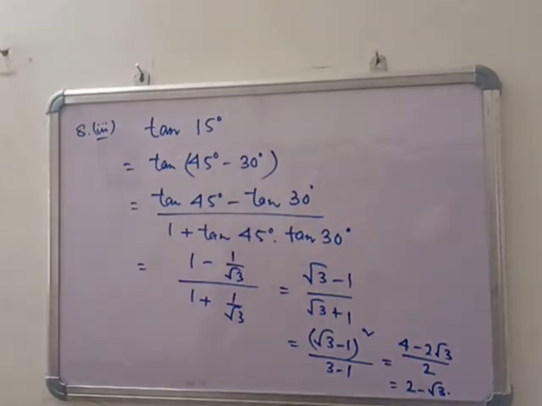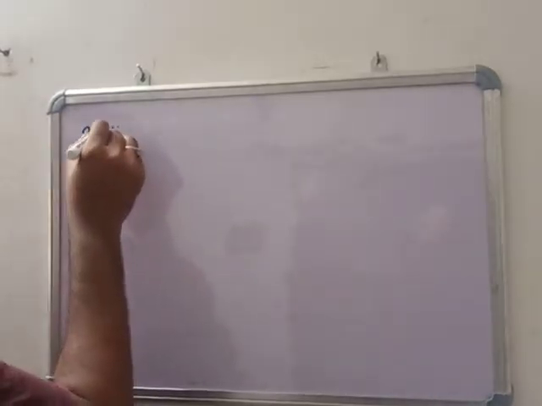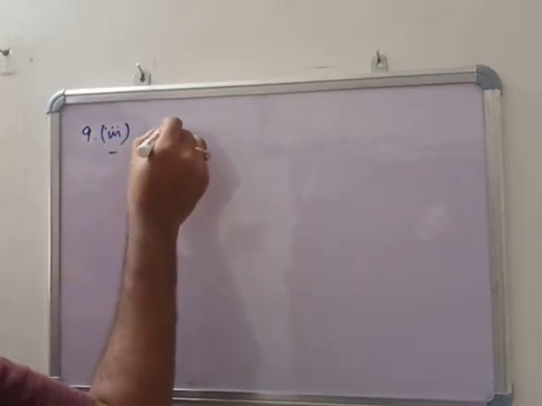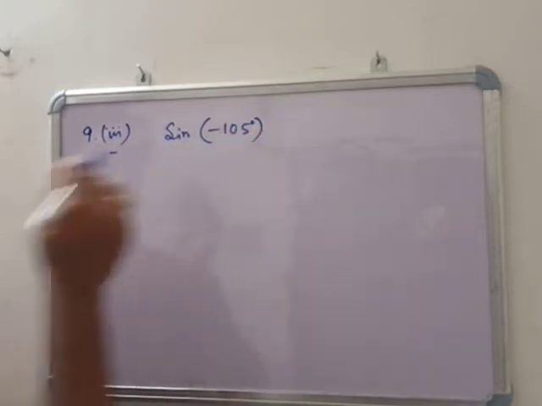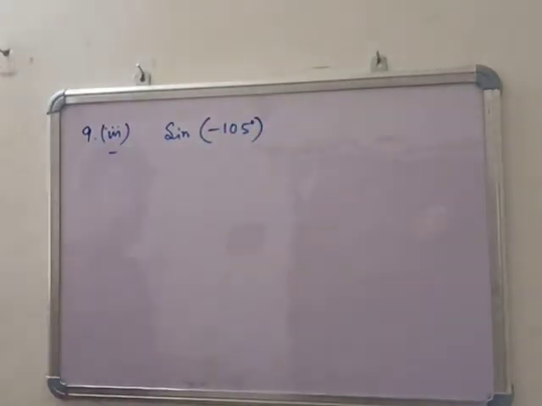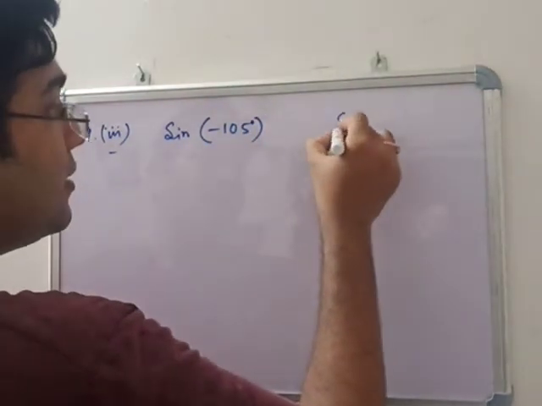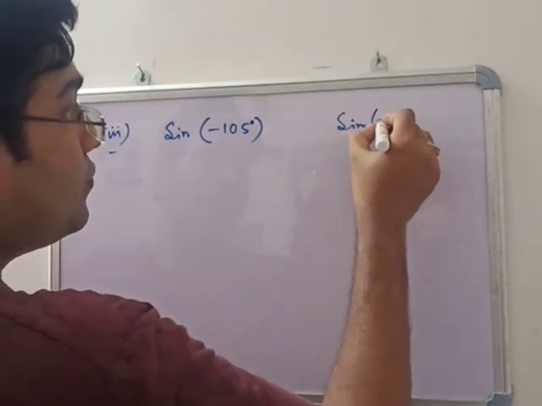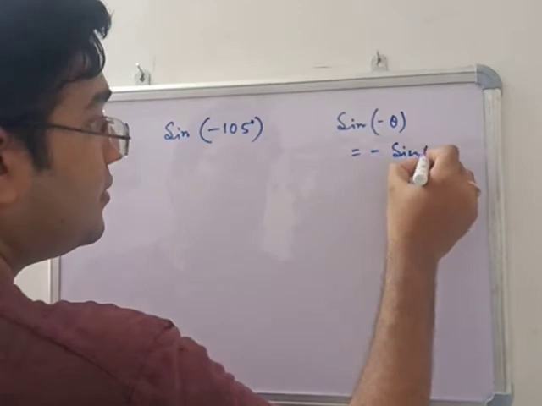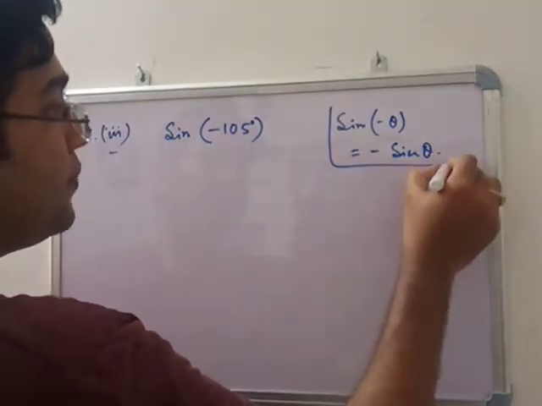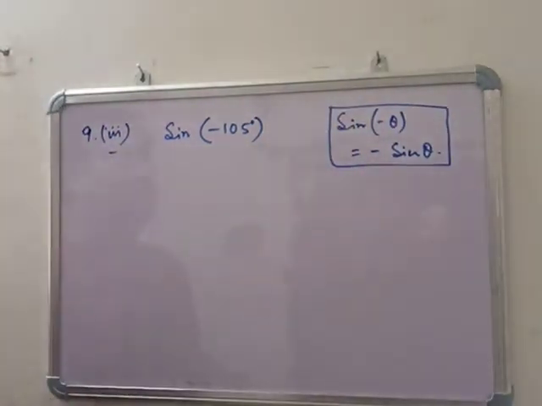Note down all of it. Now 9.3. See that sine of minus 105 degree. We know from the previous chapter that sine of minus theta equals minus sine theta.